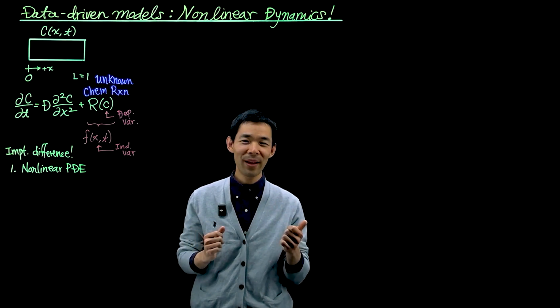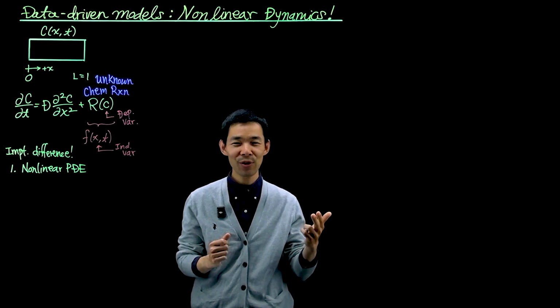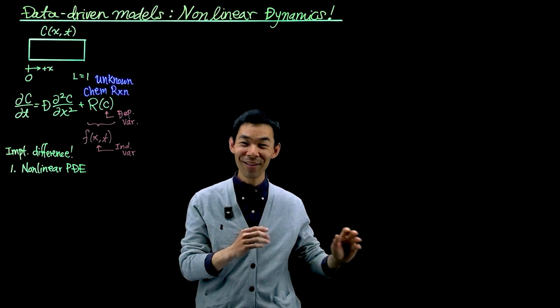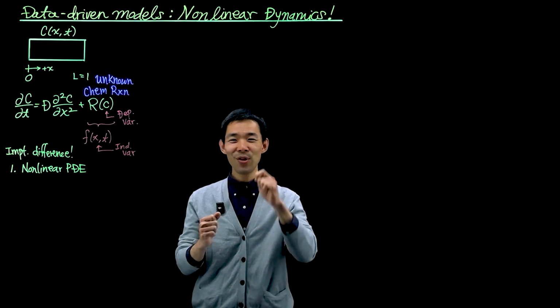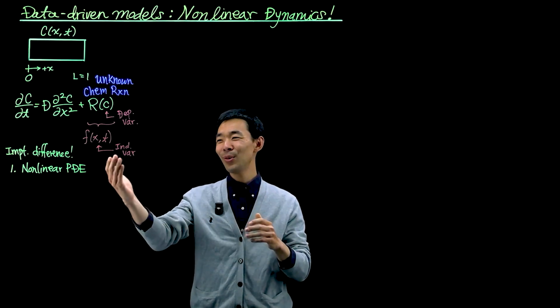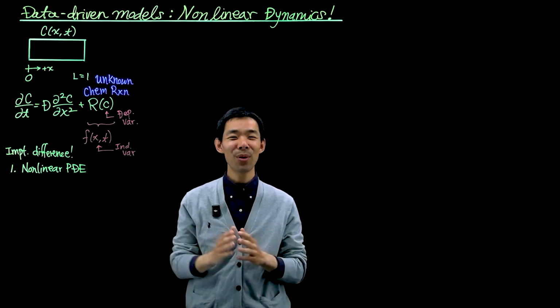So we could use spectral methods, separation of variables, linear superposition. All of those techniques fall right through. So we can assume some expansion as a function of basis sets. You can find your coefficients or your weights using linear approaches.